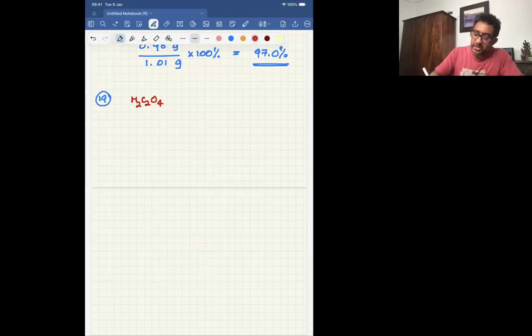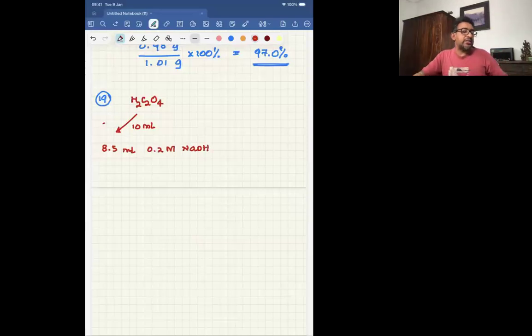The first one that you do is 10 milliliters of oxalic acid required 8.5 milliliters of 0.2 molar sodium hydroxide for complete neutralization using phenolphthalein indicator.